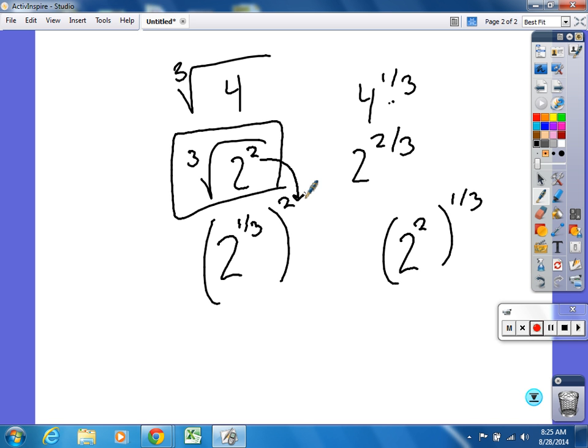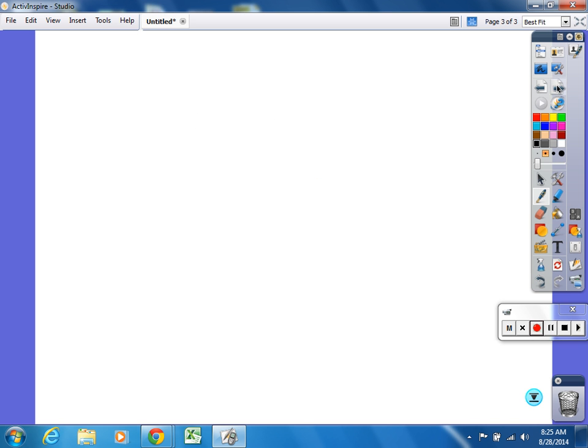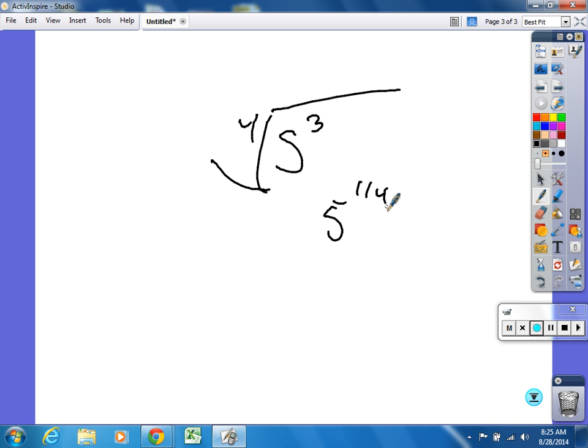Okay, so for example, let me show you what I mean on the next one here. If I had like 5 to the 3rd, very radical, isn't it? To the 4th. Right there, I see 4th root, right? So therefore I go 5 to the 4th, raised to the 3rd power.